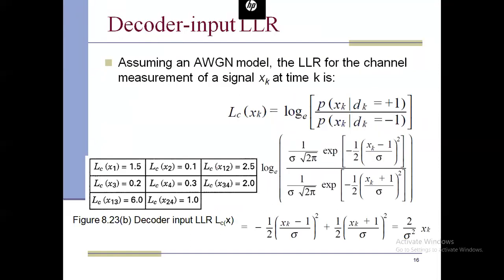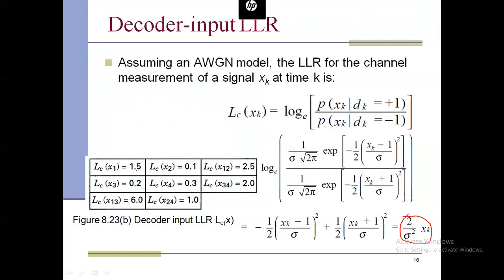Now for the channel stats, that is given. The channel stats, if you calculate, are 2 over sigma square times x of k, and if the variance is 1, you can take it as 2x of k, right?